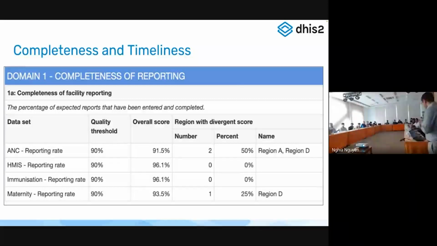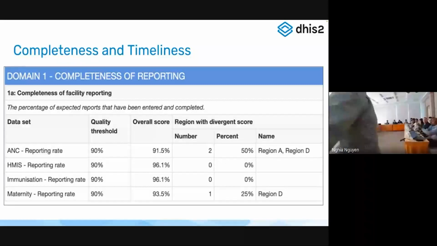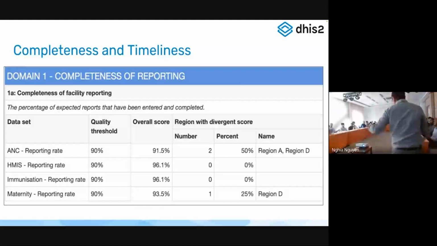Otherwise, the scores are maybe a little biased. In this case, I've done it for a couple different data sets, and we're getting the overall score to determine how well the reporting is on that data set. So this goes a little bit beyond just looking at the reporting rates every month, right? It's actually giving us some type of measure of quality.